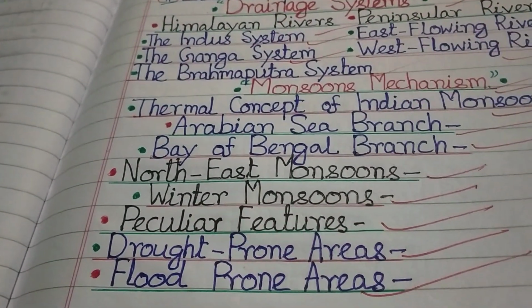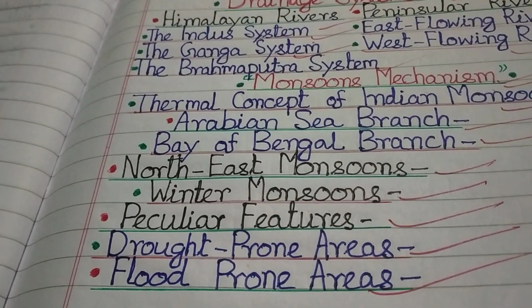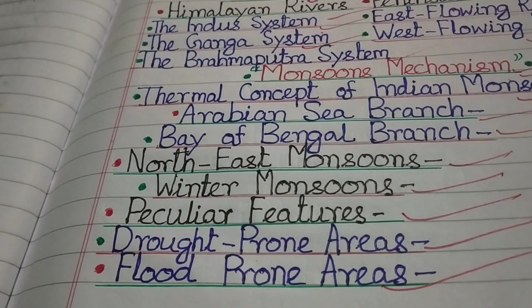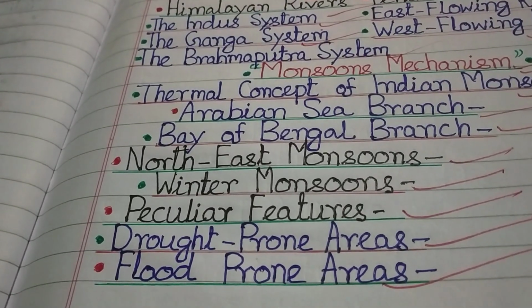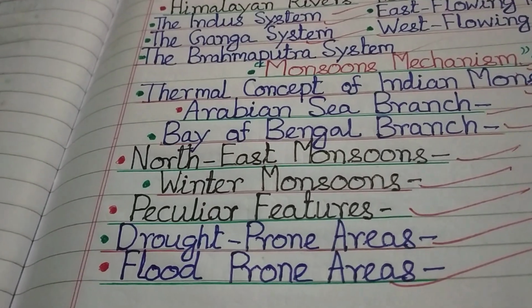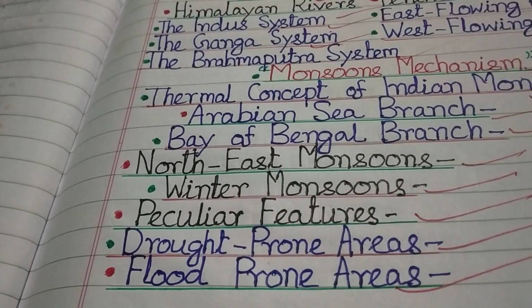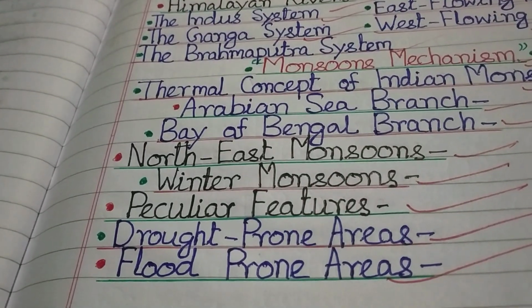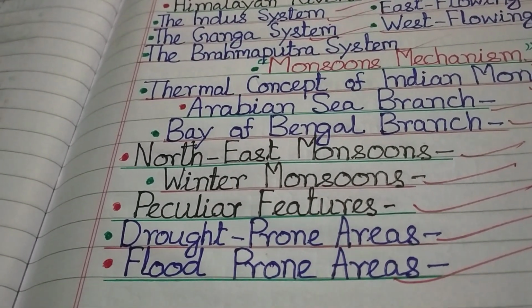These winds, attracted by the low pressure over the Indian subcontinent while moving north of the equator, turn in a clockwise direction, or towards the right, following Ferrel's law.